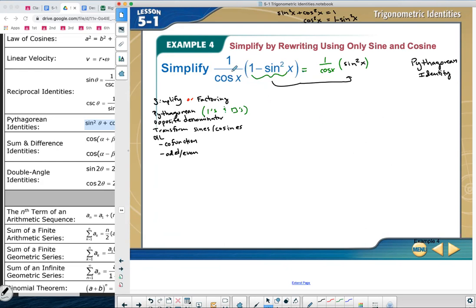Okay, so what I did is I saw that we had a 1 and a square, and so I substituted it using the Pythagorean identity, 1 minus sine squared. Oh my goodness, that's not equal to sine squared. Check me. What should I have written right there? What is 1 minus sine squared equal to?